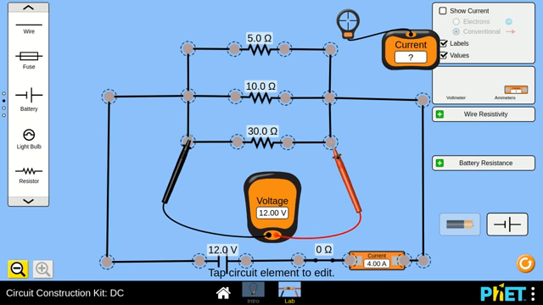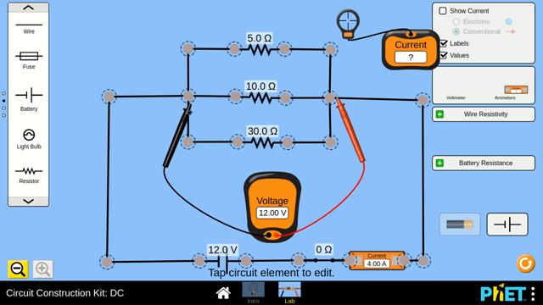And if you connect it here across these 2 points, that is the points where all the three resistors are connected parallel to each other, it is again 12 volt. That means the potential difference remains the same when the resistors are in parallel.